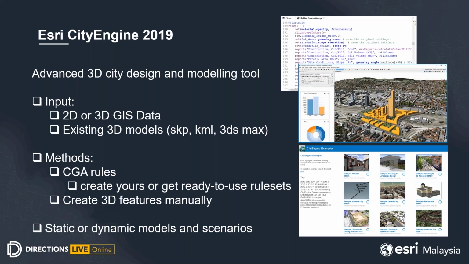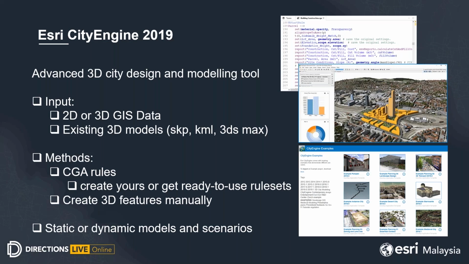The methods for creating 3D objects or 3D geometries within CityEngine include basically drawing features manually, but the real power of CityEngine is in dynamically creating these models using CGA, which was designed specifically for use in CityEngine, and will generate geometries based on the script, in which you can use functions such as extrusion and assigning textures, generating roofs of a particular type, and it will also contain a bunch of functions for reporting on the shapes that have been dynamically generated.